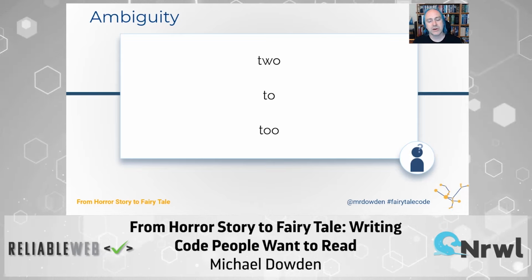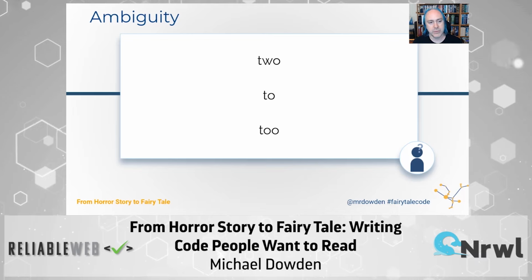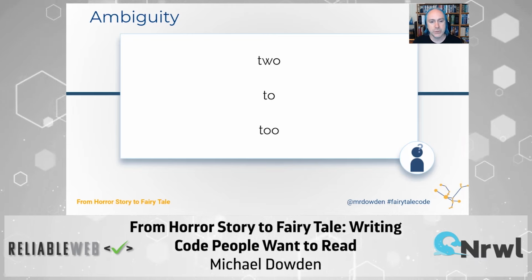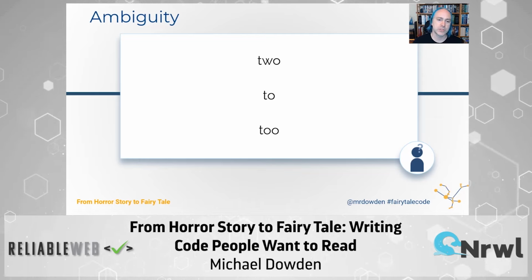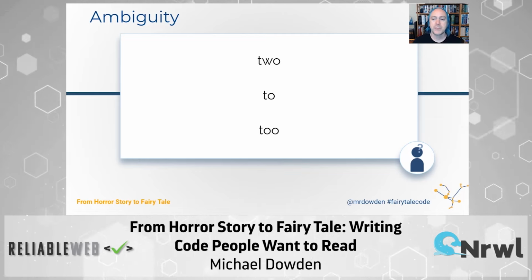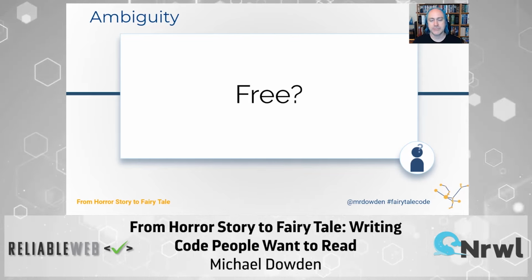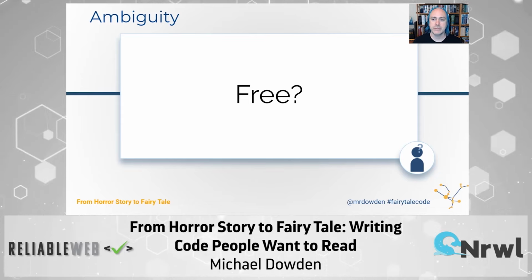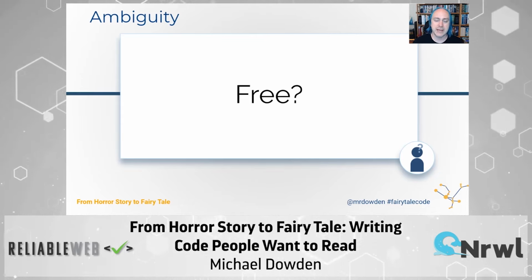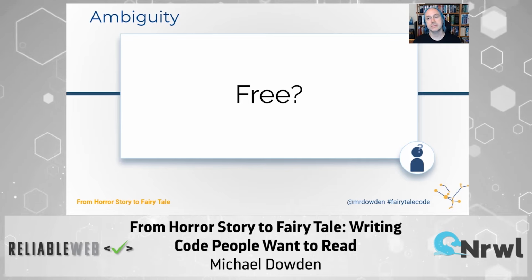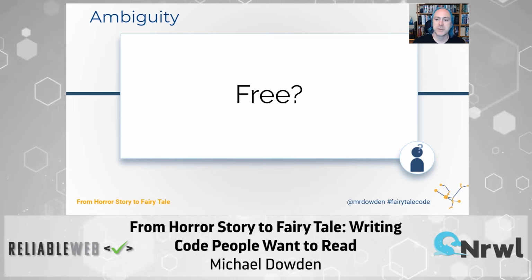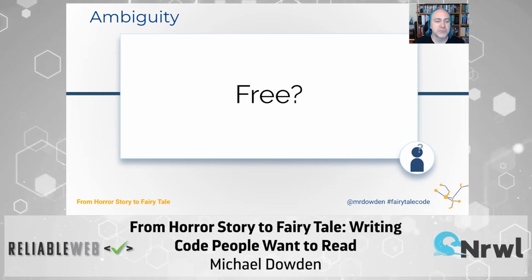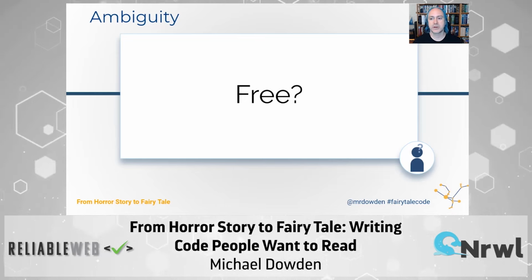Now, these are examples of verbal ambiguity, right? If I say the word to, you have to understand the rest of the context of what I'm saying to understand which to I meant. But the same thing can happen in writing. For example, free. What do I mean when I say the software is free? How many open source software people are here, right? What does free mean in the context of open source software?